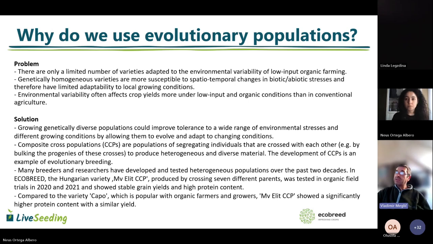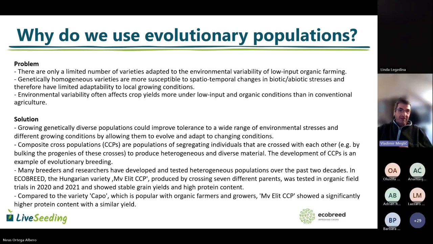And I will continue with the, let's say, the magic populations, or with the evolutionary populations that were part of the EcoBreed project that finished in the spring of last year. And this project dealt with the breeding of the field crops, potatoes, wheat, buckwheat, and soybeans.